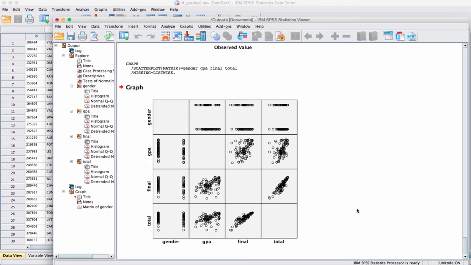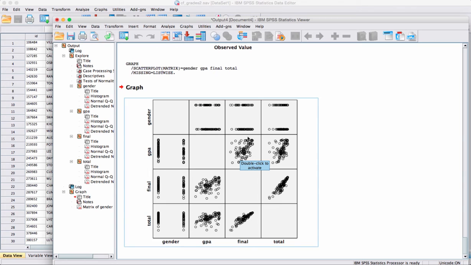Now, for these variables, what we're looking for is a linear pattern in the data. And we're not going to find it with gender because gender is categorical data. It consists of ones and twos. But where we will see the linear relationship is with our interval level variables, so GPA and final.